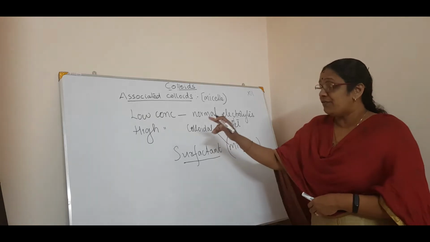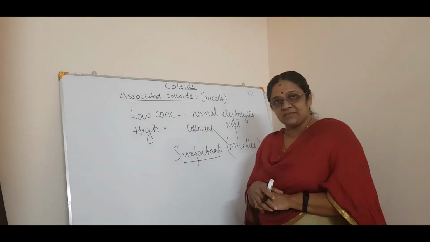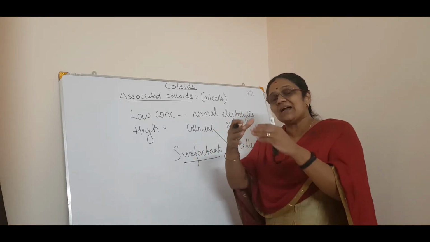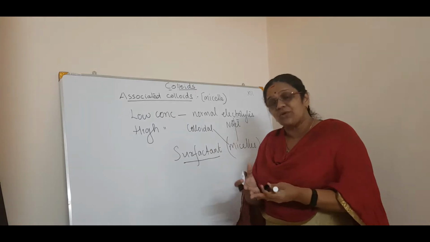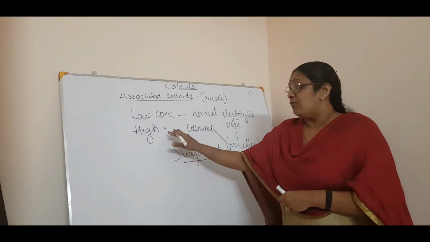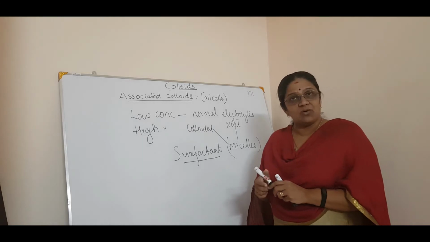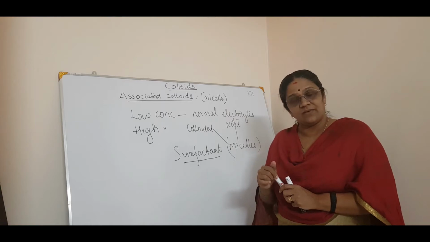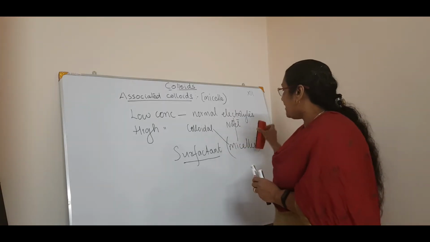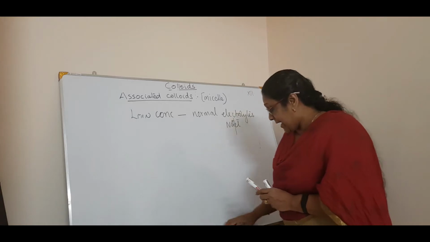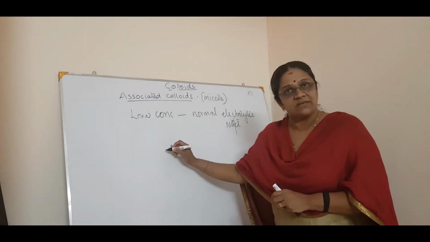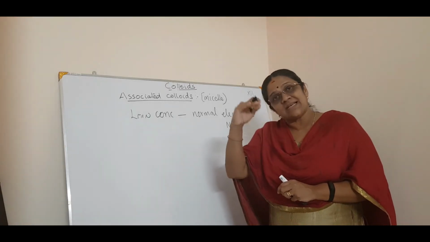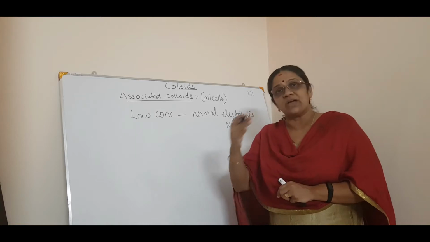When we talk about high concentration, it means colloids are formed in the form of micelles, that is aggregate colloids or association of colloids. Now what does this high concentration mean, or when will this substance behave as colloids? This substance behaves as colloids only above a particular concentration. Below that concentration, it exists as individual ions or a strong electrolyte.